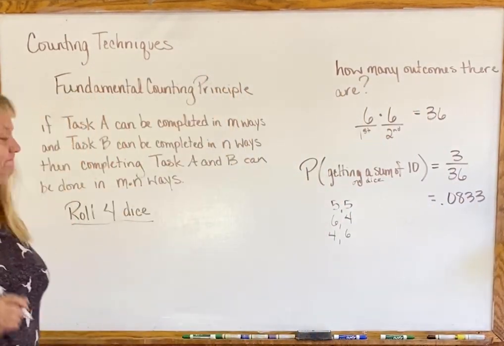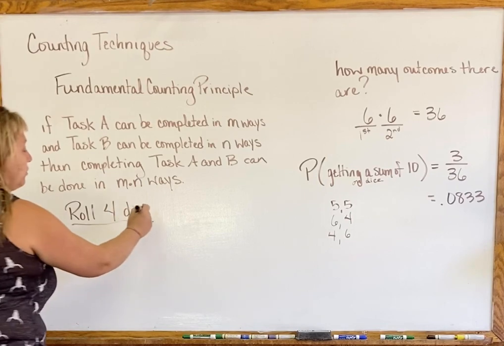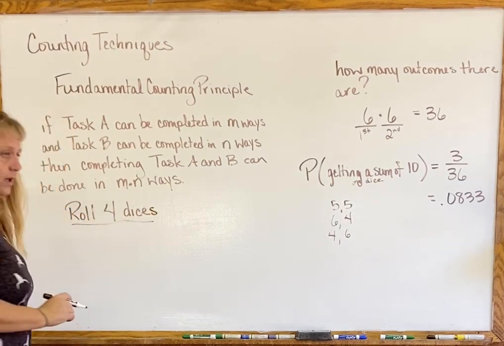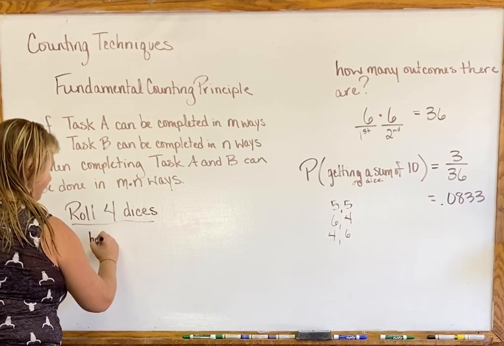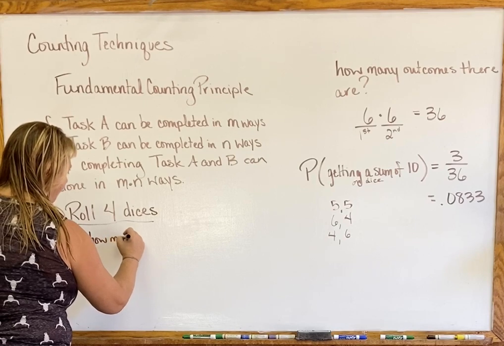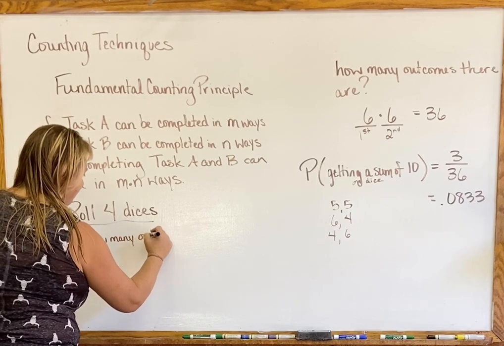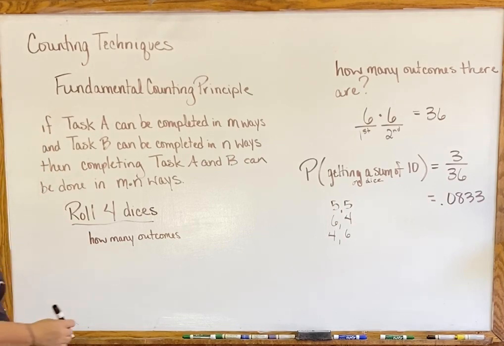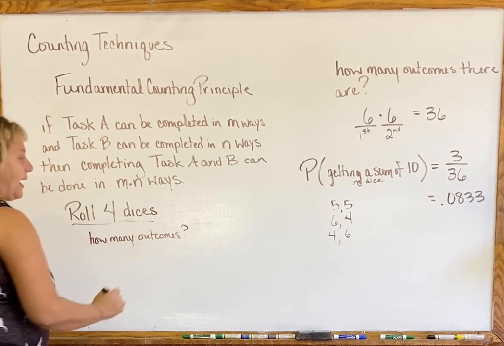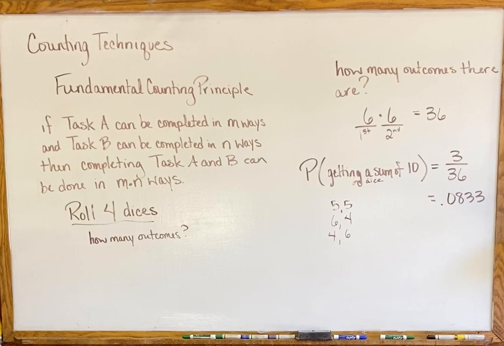Okay, sorry about that. So we're going to roll 4 dice. The first thing I want to know is how many outcomes are there? Even before I ask a probability question, we should be able to figure out how many outcomes there are if we roll 4 dice.